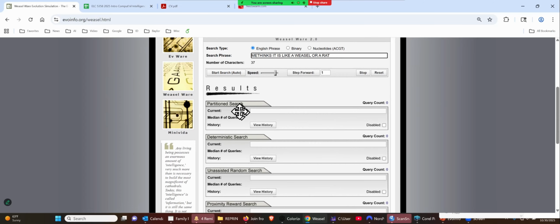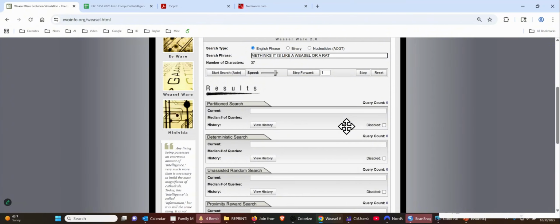First of all, there's partition search, and partition search is simply looking at a result and seeing if it's better or not. If it's better, you keep it. There's nothing good or bad in terms of evolution, in terms of a population. So for partition search, you look at a solution and then you make a change.